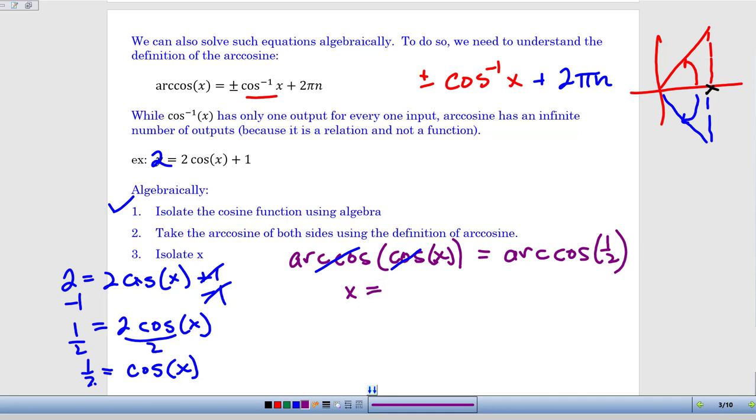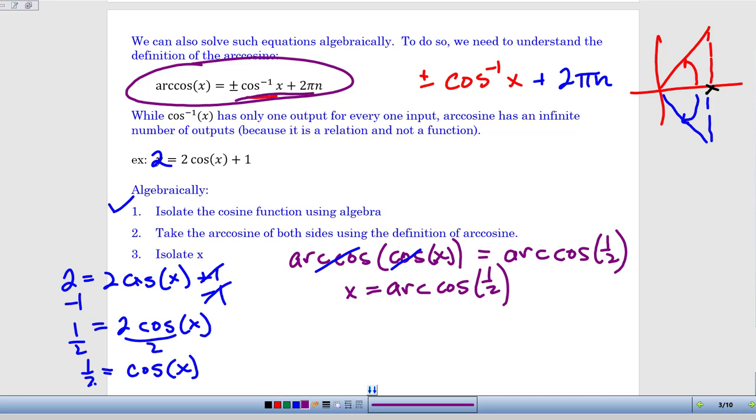And so then on the other side, we still have this arc cosine of 1/2. And so what does that arc cosine of 1/2 mean? Well, that's where this definition right here comes in. I'm going to rewrite this arc cosine of 1/2 as plus or minus the inverse cosine of 1/2 plus 2 pi n.